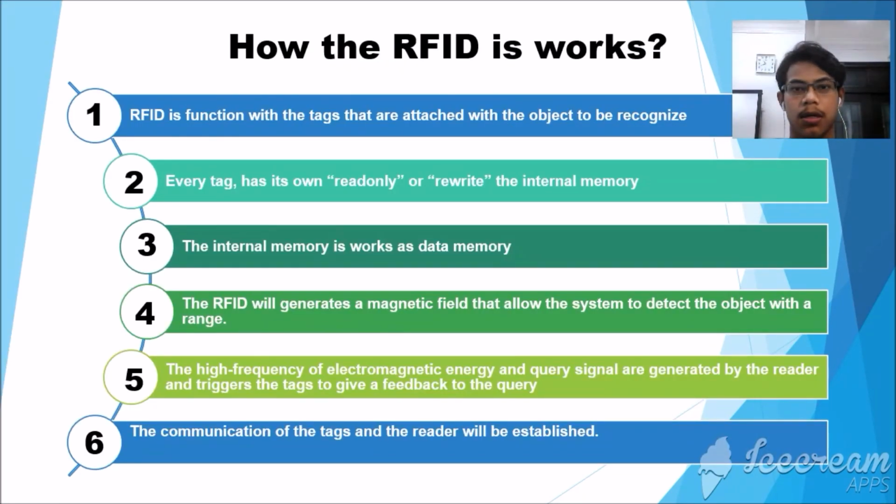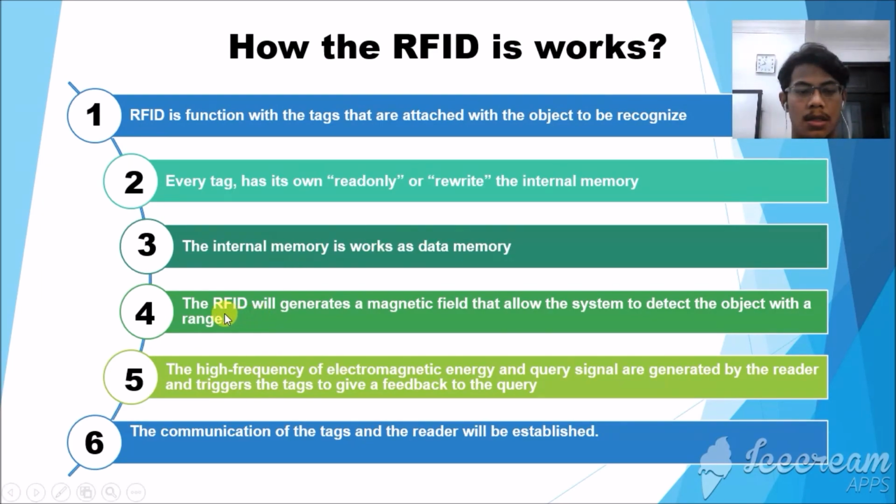So next, how does RFID work? RFID functions with tags that are attached to the object to be recognized. Every tag has its own read-only or rewritable internal memory, and the internal memory works as a data memory that stores all the information of the device.